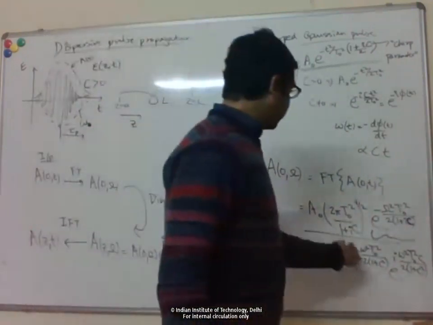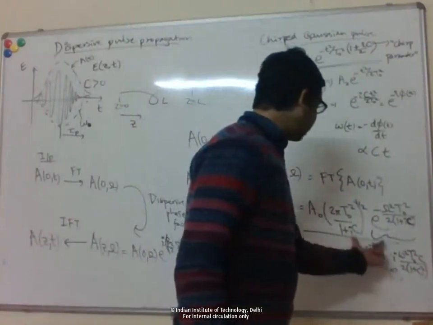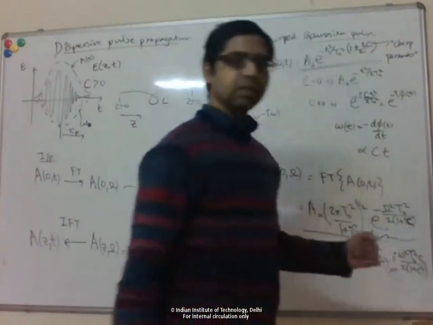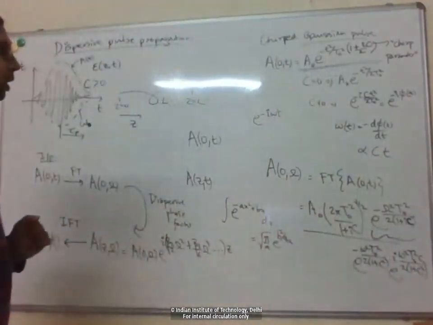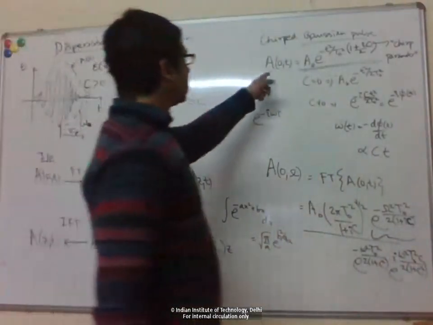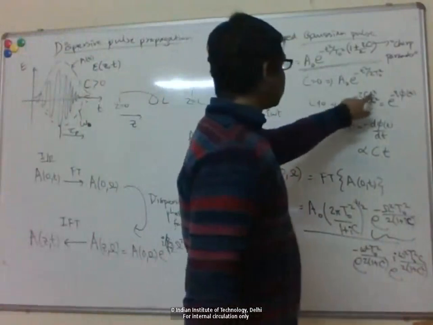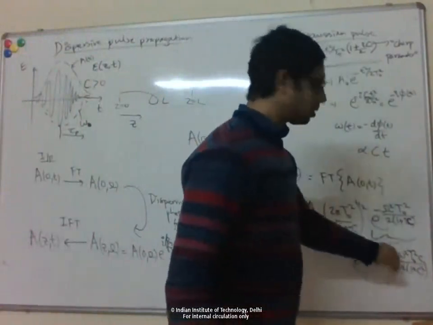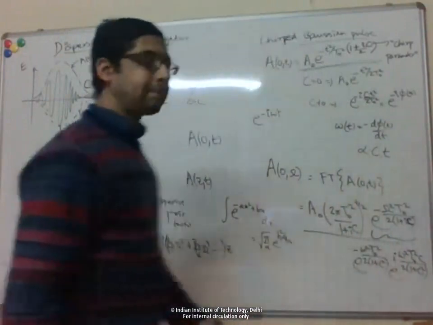The real part is giving me the power spectrum, and this is a frequency dependent phase. So you can see a chirp pulse has a quadratic phase in time. It also has a quadratic phase in frequency, omega square.